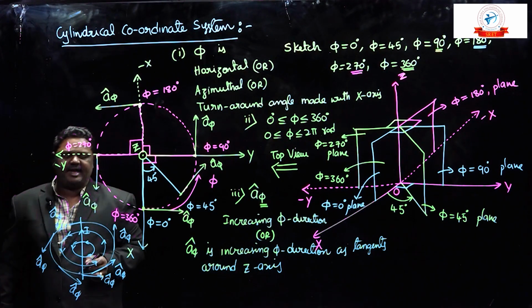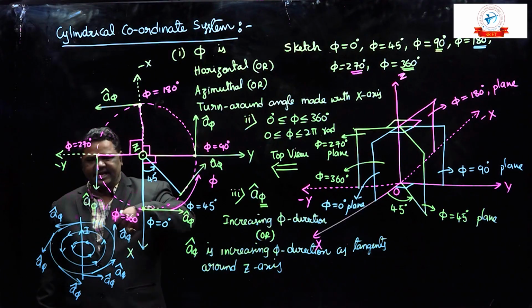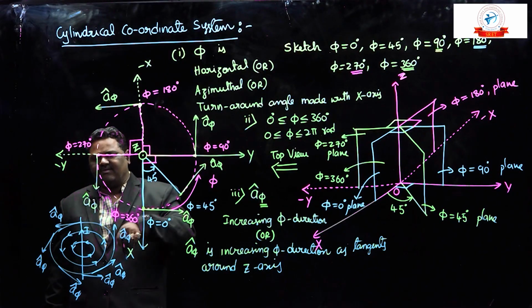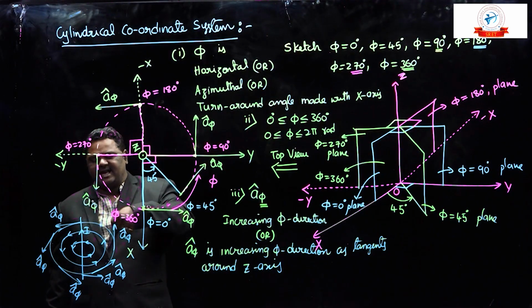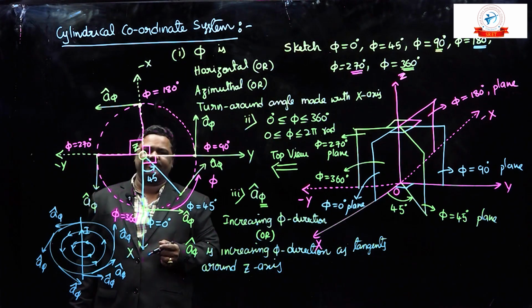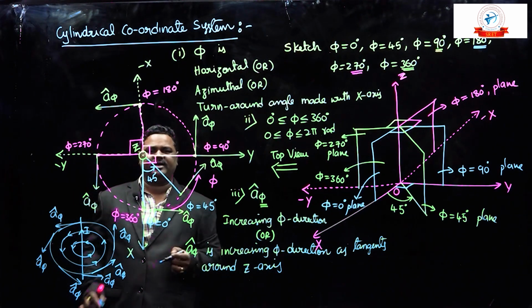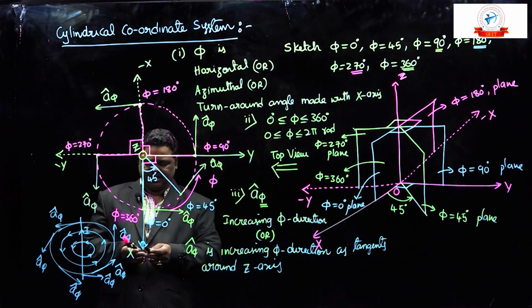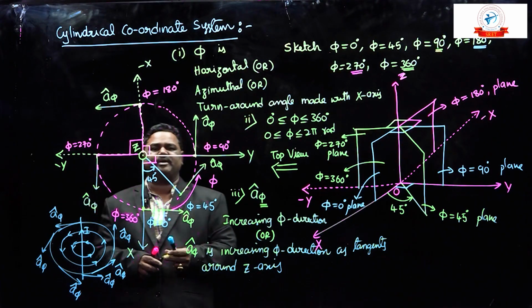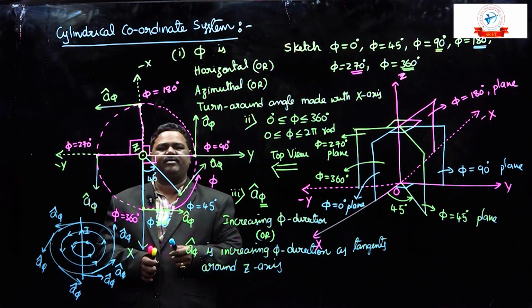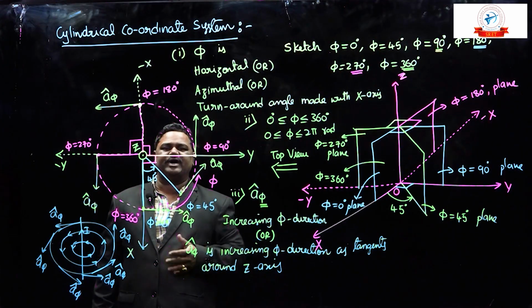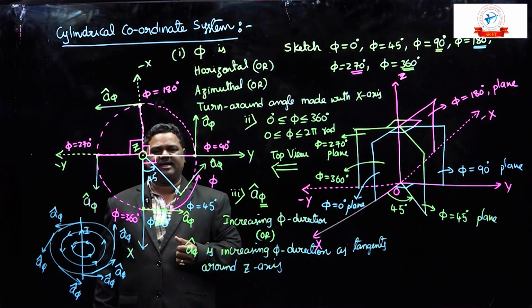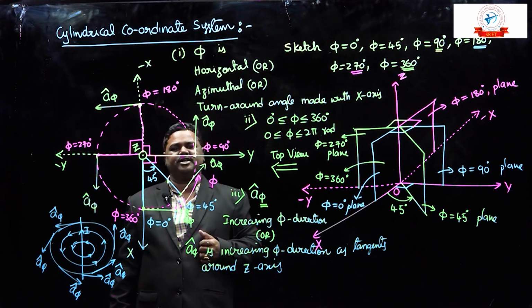So if any physical quantity is rotating about any reference line, then its direction is represented with A phi cap. That is the meaning of the A phi cap direction. So till now we have studied two coordinates, what is meant by the rho coordinate and what is meant by the phi coordinate, and we already know what is meant by the z coordinate, which we studied in the Cartesian coordinate system.